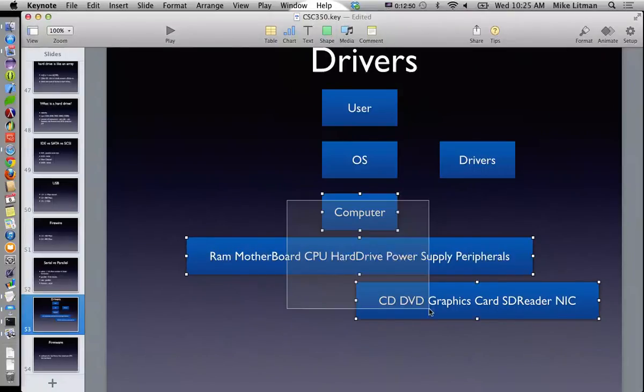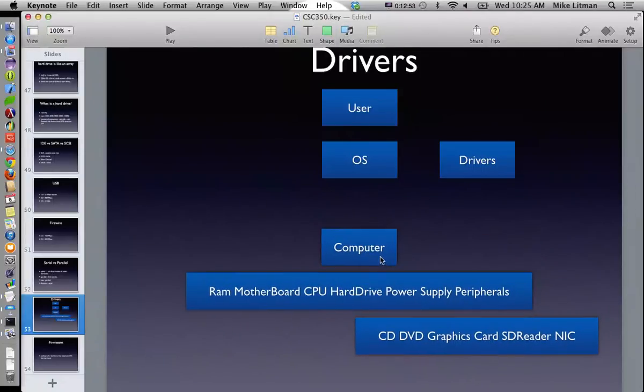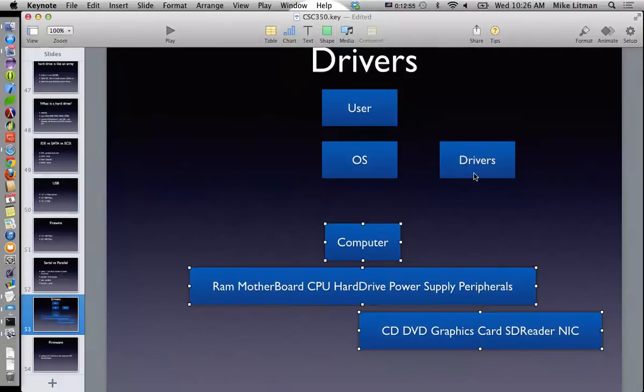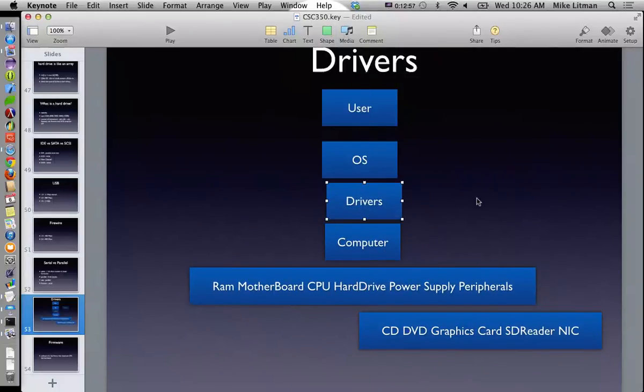I'm going to draw this two different ways. So you could say that drivers actually sit between the operating system and the computer.